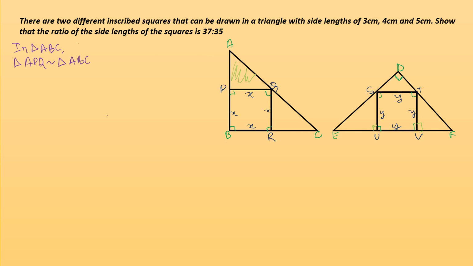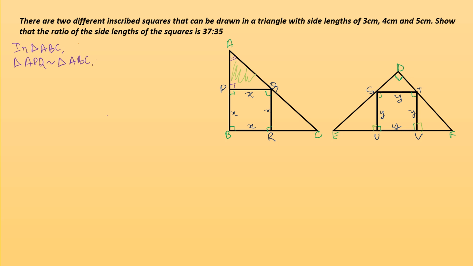The reasons are that angle A is common for both, angle APQ is a right angle, and angle ABC is a right angle, and so the third angle, angle AQP, is equal to angle ACB. So that's the reason they are similar.